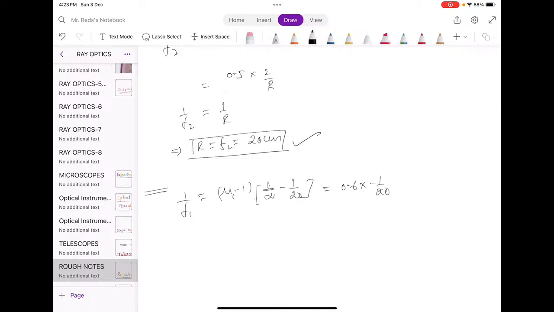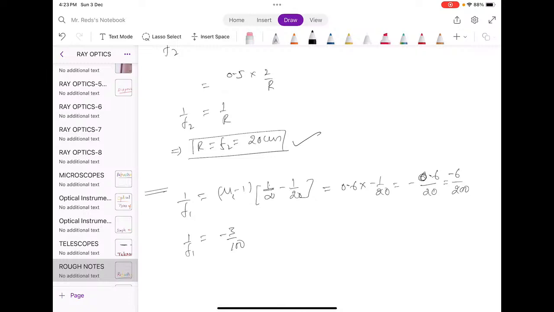You can cancel out what you can cancel, it is equal to minus 0.6 by 20, or if you do 10 by 10, 6 by 200. So 1 by f1 is equal to minus 3 by 100.